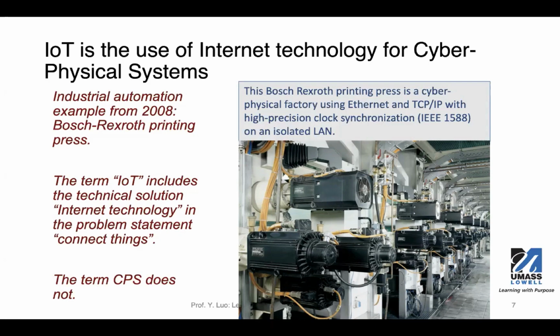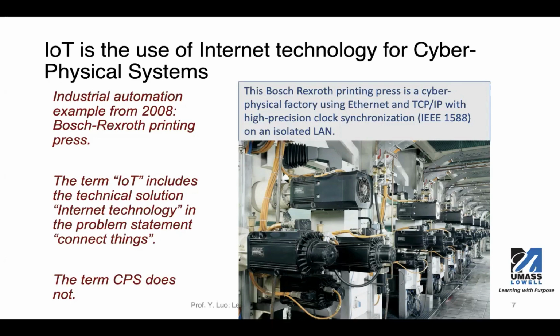For example, you have a car. The car is a typical cyber physical system because you control it, either using the steering wheel or the dashboard, to control the functions of your car: moving forward or backward, accelerate or decelerate, turn left or turn right.